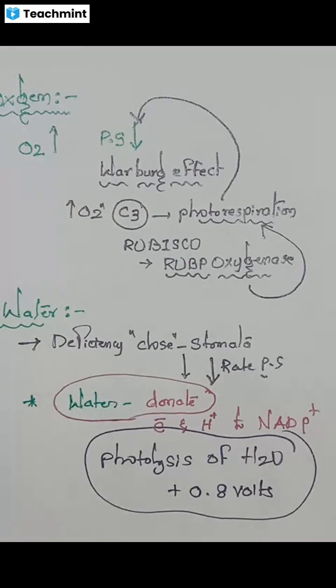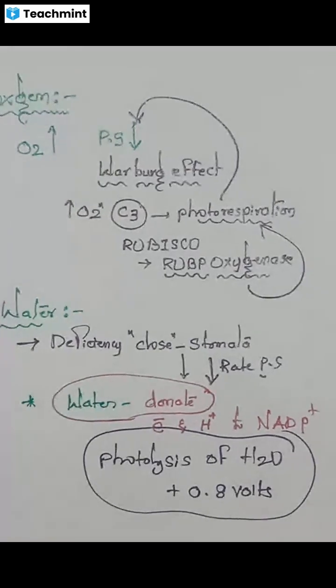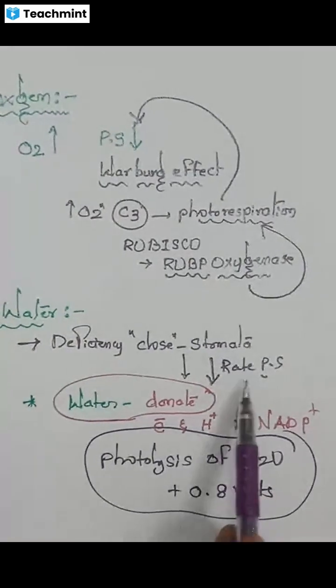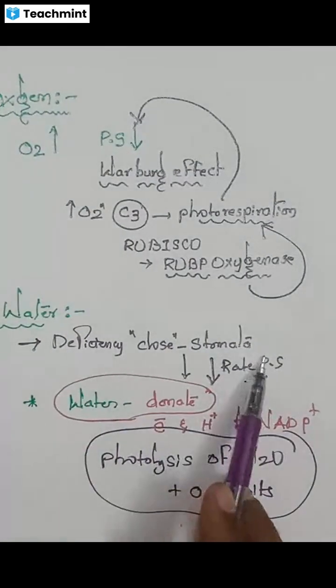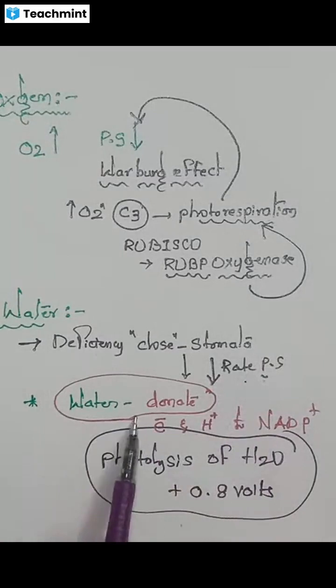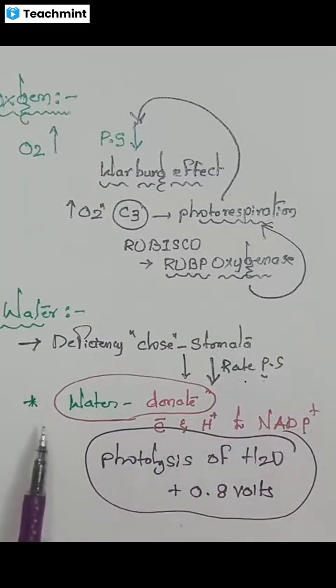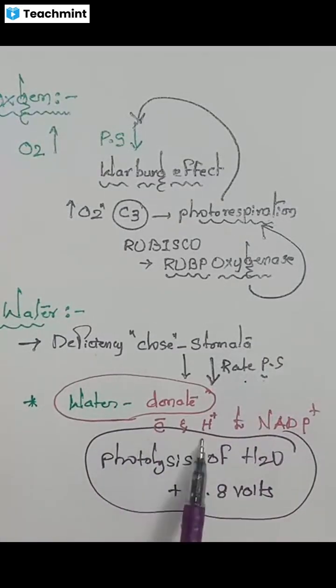The rate of photosynthesis is decreased when there is a deficiency of water because of closure of stomata. So water plays an important role in photosynthesis. Water donates electrons and protons to NADP plus. The photolysis of water occurs at 0.8 volts.